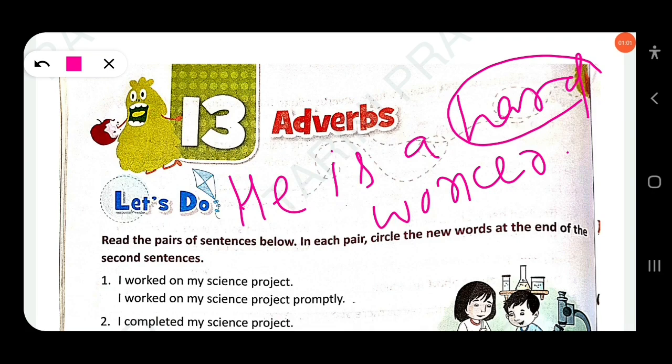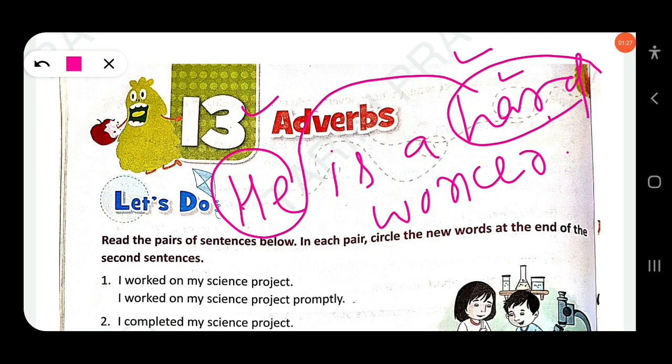Here hard tells about he, which is a pronoun. Hard tells more about what type of worker he is. So hard is an adjective, or describing word. It tells more information about the noun or pronoun in a sentence.